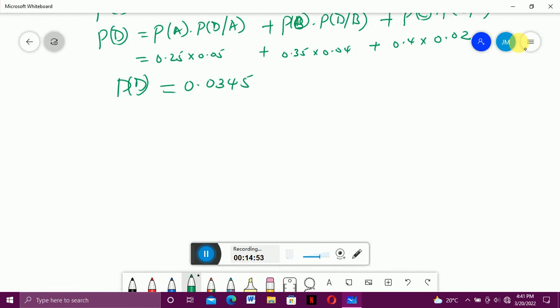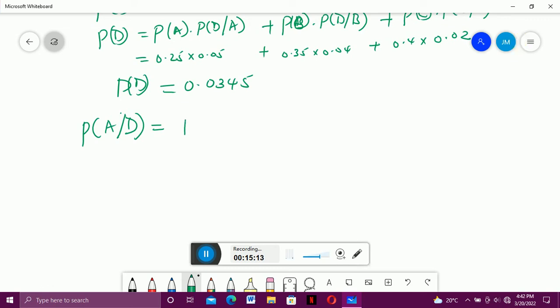Now we ask ourselves: a bolt is selected at random and found to be defective. We want the probability that it is manufactured by A given that it's already found to be defective.